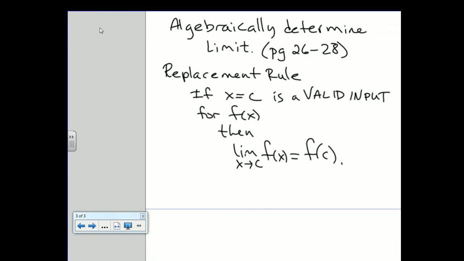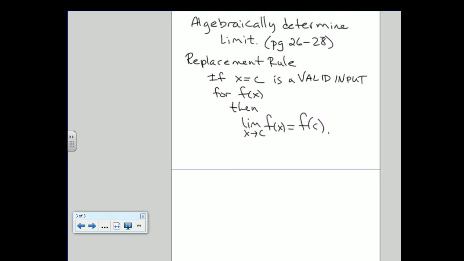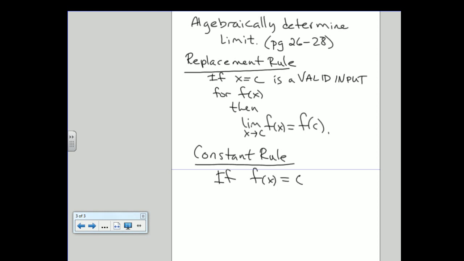All right. Now the next rule that we're going to see is the constant rule. So we've seen the replacement rule. Now the constant rule says if f of x equals a constant c, then the limit as x approaches a of f of x equals that constant c.